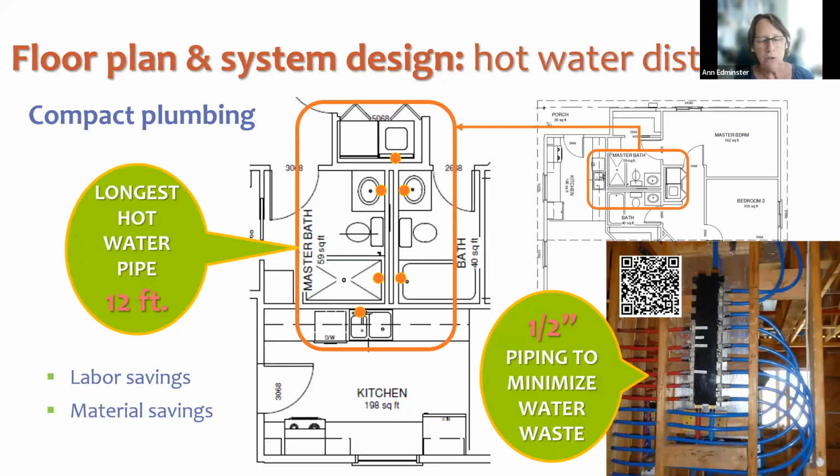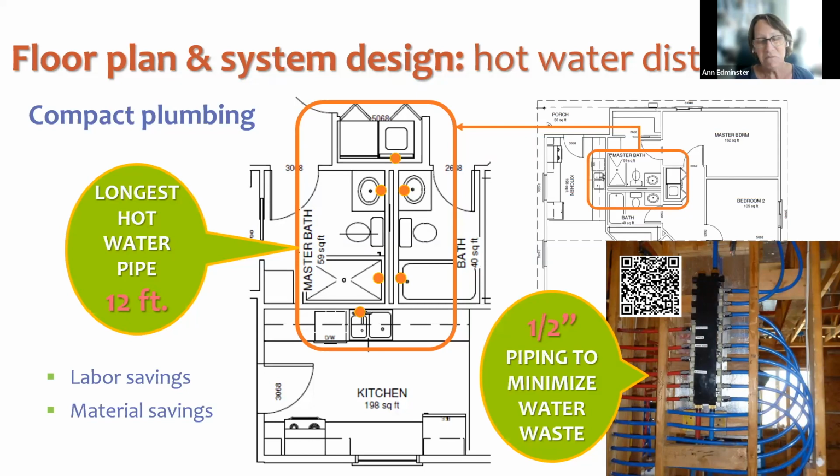Hot water distribution. This is an extremely efficient example in a very affordable home where the designer was actually also the project superintendent. It was a Habitat for Humanity project, and he was phenomenally efficiency minded. And he got this home design down to where the longest hot water pipe was 12 feet long.